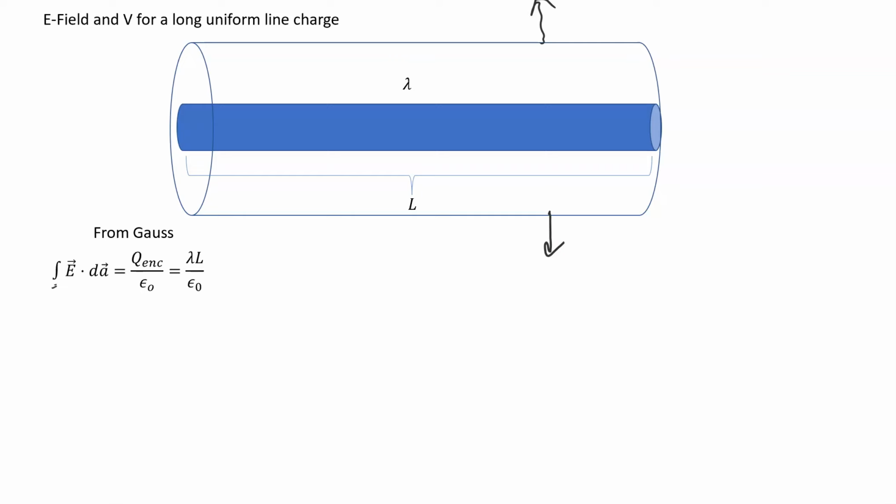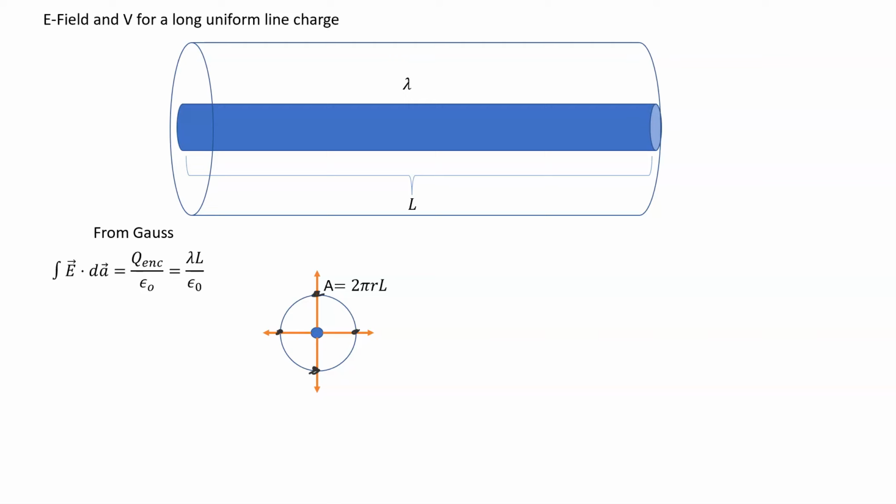And what that means is that this integral is not an integral at all. You can make the argument that because of cylindrical symmetry, the electric field has to have the same value everywhere on that cylindrical surface. Here's another way to see it just by looking at a cross section of it. At any given radius, the electric field looks the same.